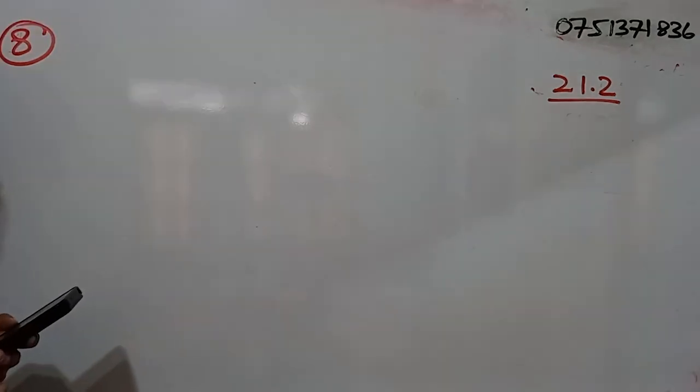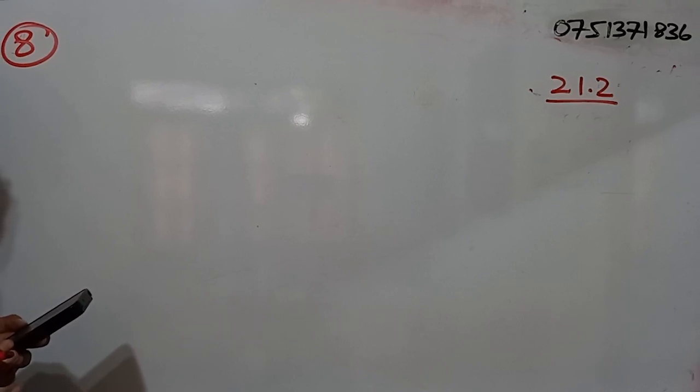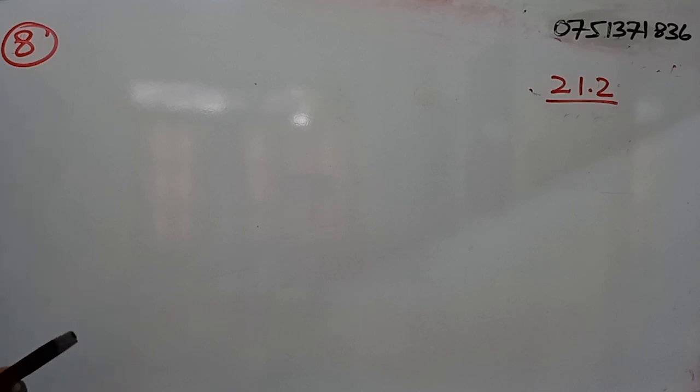Question number 8. The ratio of length to breadth of a rectangular playground is 3 to 2. If its perimeter is 600 meters, find its length and its breadth. In this question, we have to be careful.